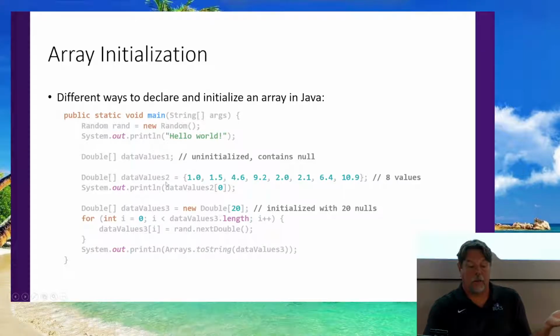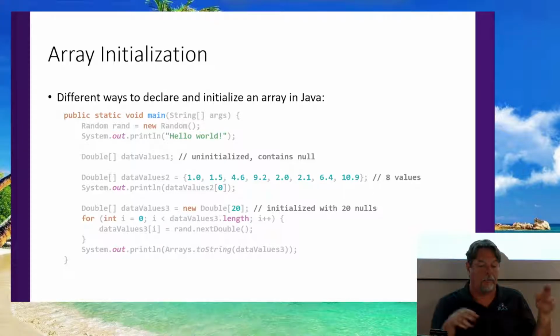I go to the next statement, data values 2, and it has the same problem. I don't have a number of values specified here for it. However, because of the syntax Java provides, it gives me the ability to provide a list of 8 values. It is going to use that as the count.